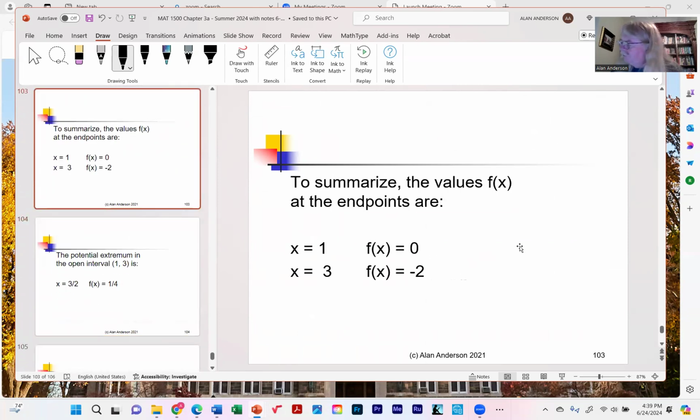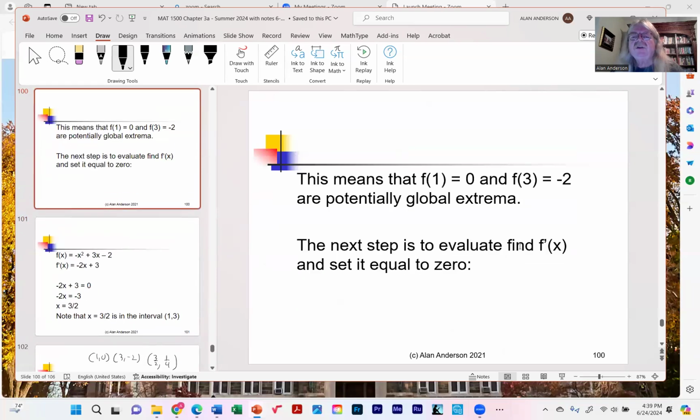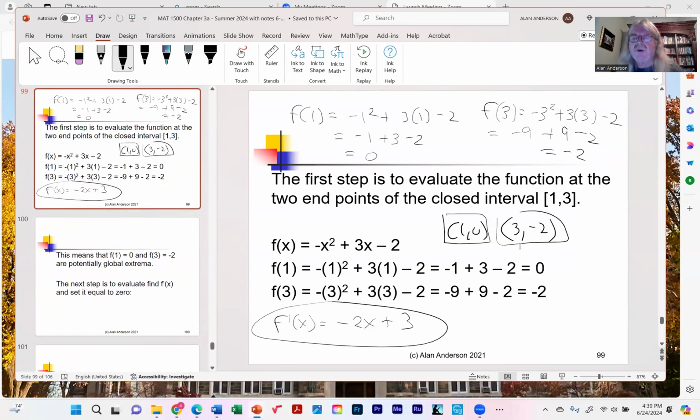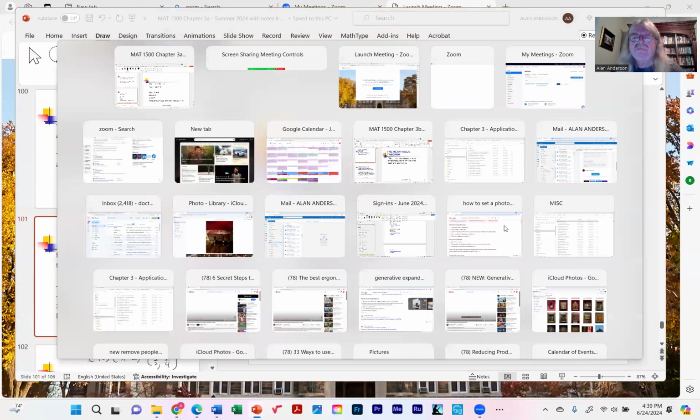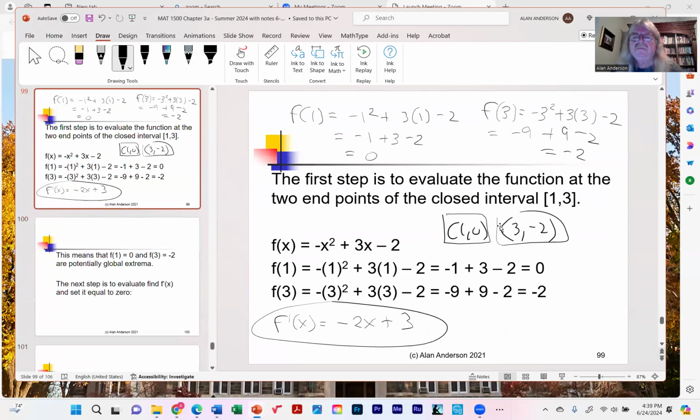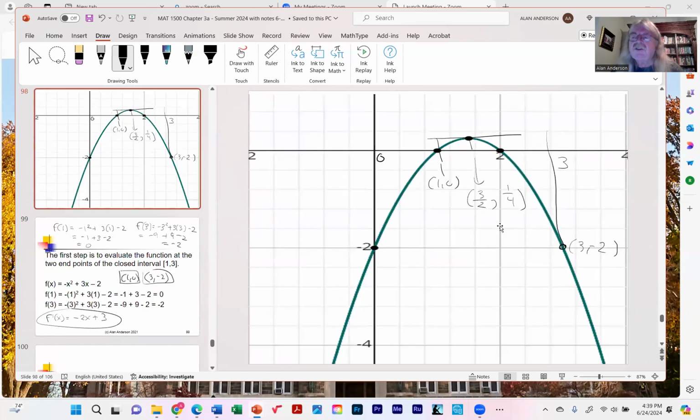But, oh, and then right, don't forget, according to this theorem, we have to then evaluate the two endpoints. And so we've already done that actually, just in case one of those is an extremum. Okay, so we have 1, 0, 3, negative 2.